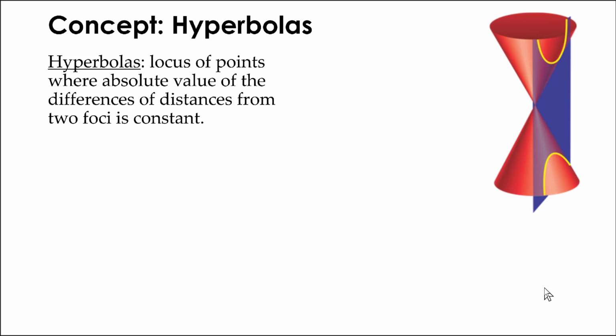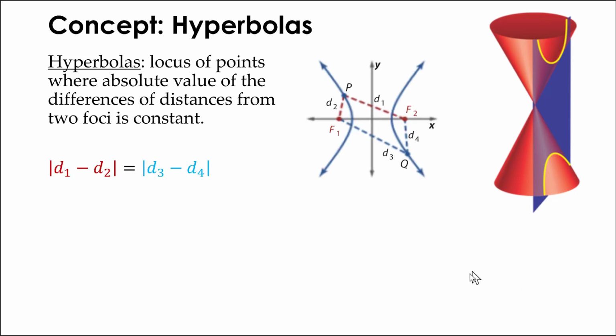When we had an ellipse or a circle, our distances were being added together, and that sum was the same, right? So now anywhere on my hyperbola, if I take these two distances for any point P, d1 minus d2, that absolute value is just going to be equal to the absolute value of any other distances.